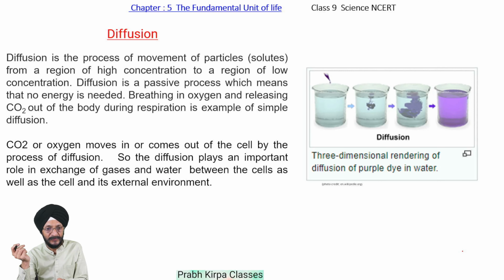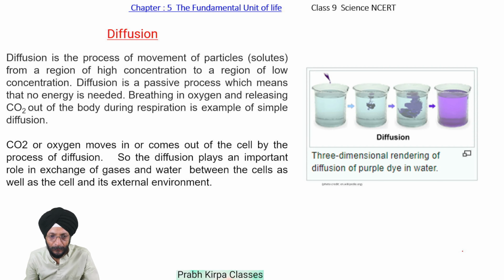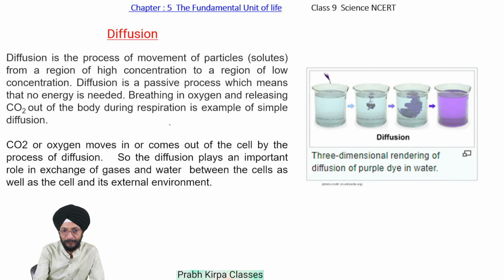Next, now the another important process is diffusion. Diffusion is the process of movement of particles, that is solutes, from a region of high concentration to a region of low concentration. Diffusion is a passive process, that is, no energy is needed.